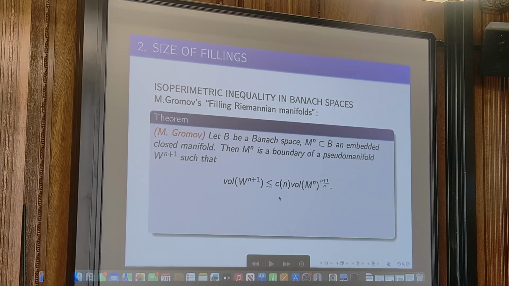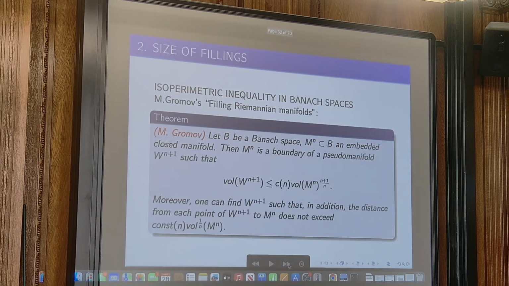Everything starts from the rather famous isoperimetric inequality of Gromov in Banach spaces. Basically, it says that given M^n in some Banach space, of finite or infinite dimension, we are able to fill it by some pseudo-manifold of volume bounded like in the isoperimetric inequality.